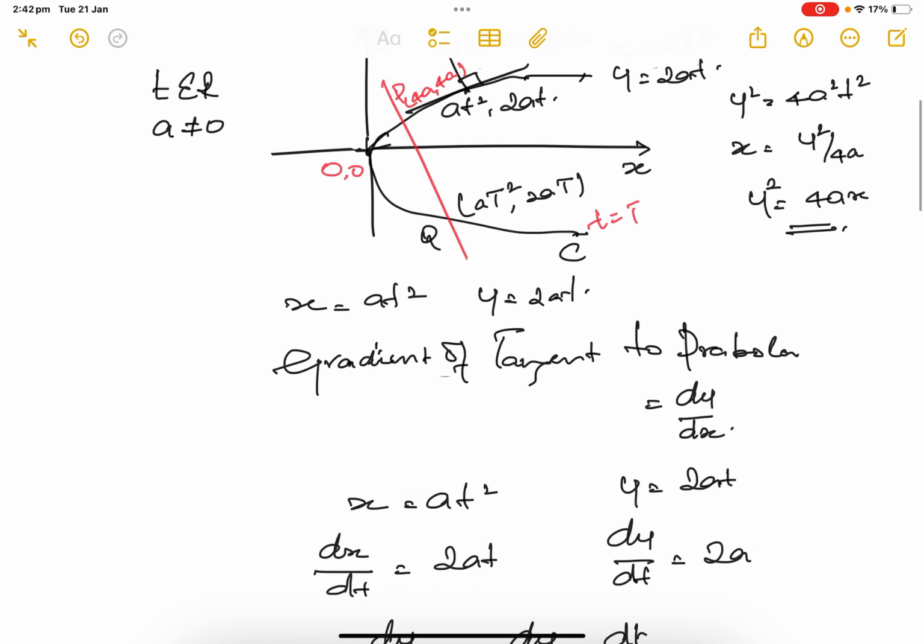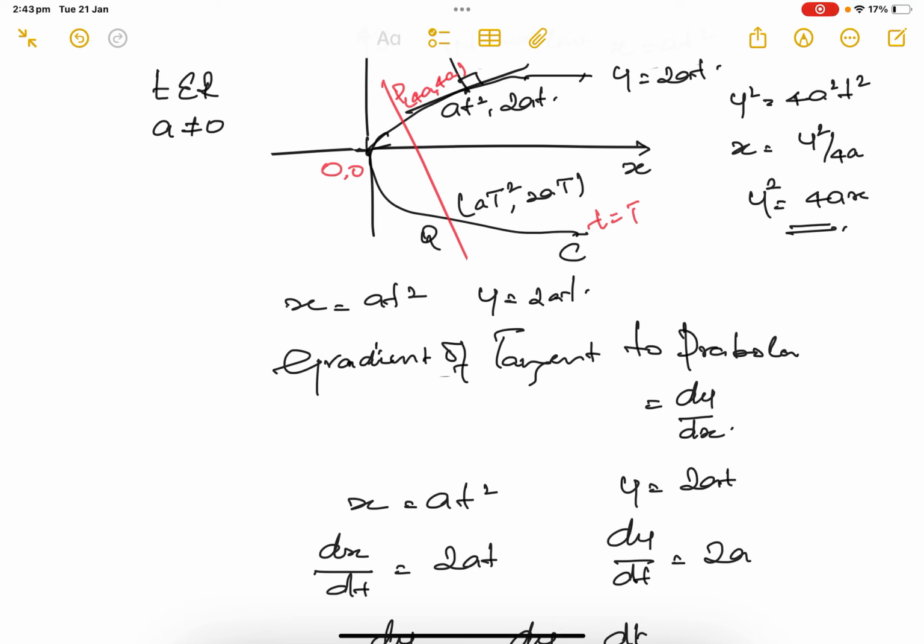So what they're saying is a normal to the parabola at any point. But when you say a normal to a curve, that means it's perpendicular to the tangent to the curve. So here, normal to the tangent to the parabola. So prior to going to the normal, let's deal with the tangent.